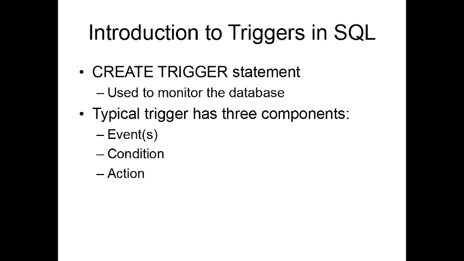If a condition is specified, then it is first evaluated, and only if it evaluates to true will the rule action be executed. The condition is specified in the WHEN clause of this trigger.